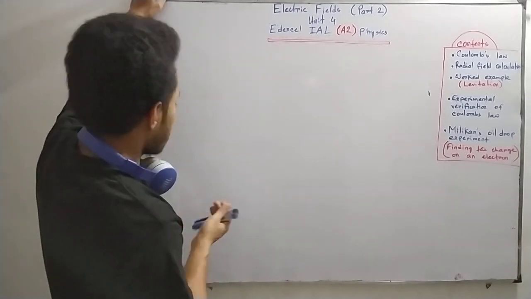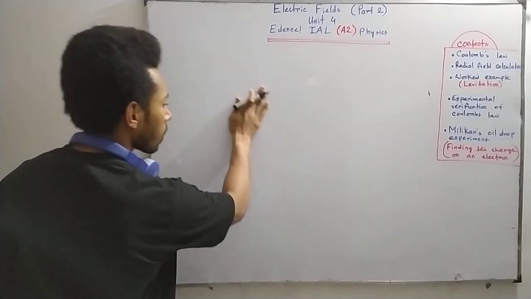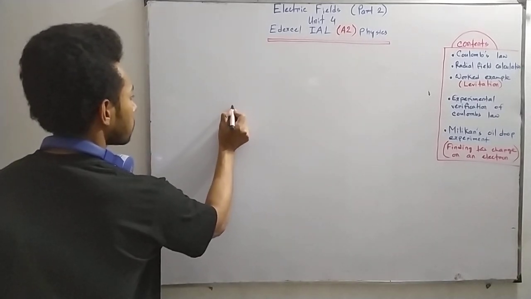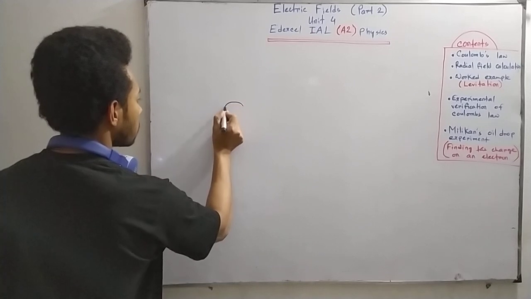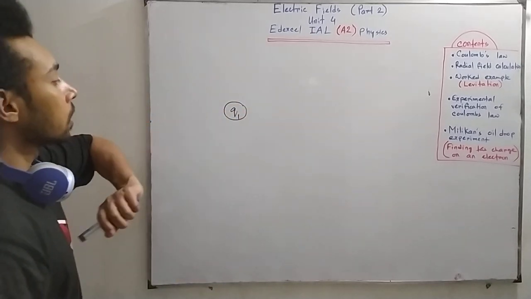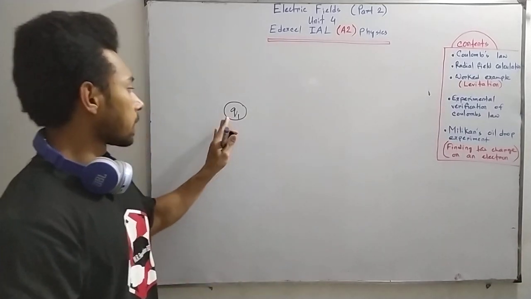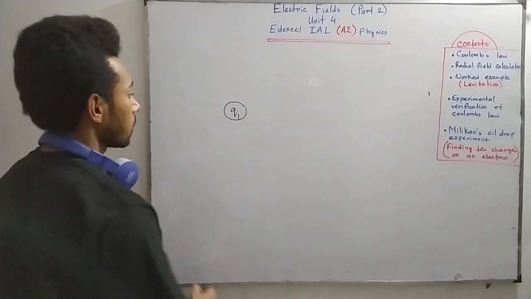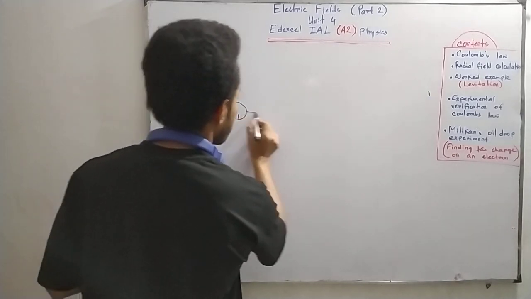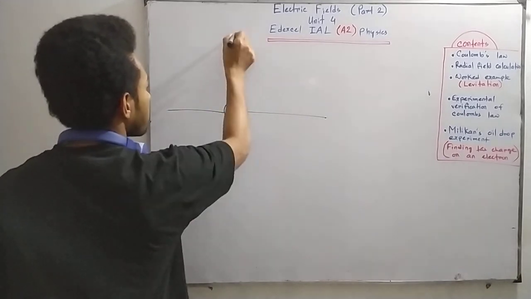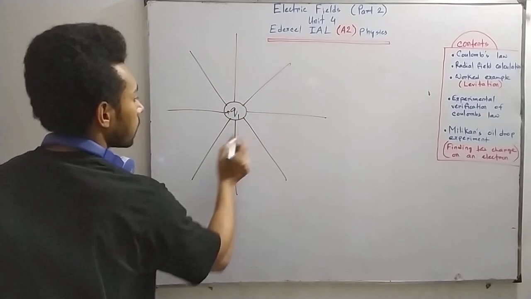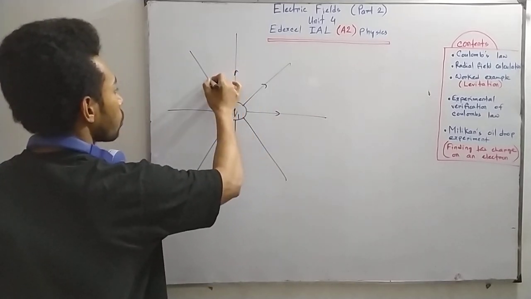Now, radial field calculation. Suppose this is a particle or object having a charge Q1, and it's positive. This is the electric field, and the field lines are showing outwards.